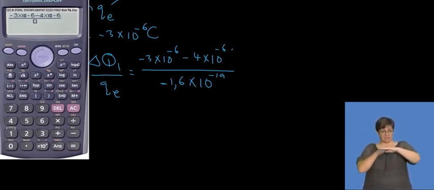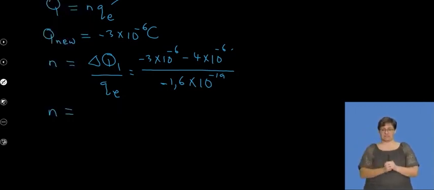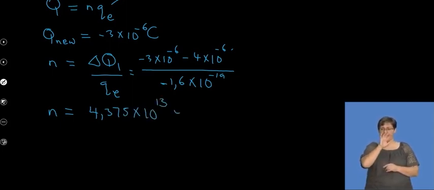We divide that by the elementary charge, which is negative because Q1 gained, times 10 exponent -19. This gives us the number of electrons that were transferred: 4.375 times 10 exponent 13 electrons.